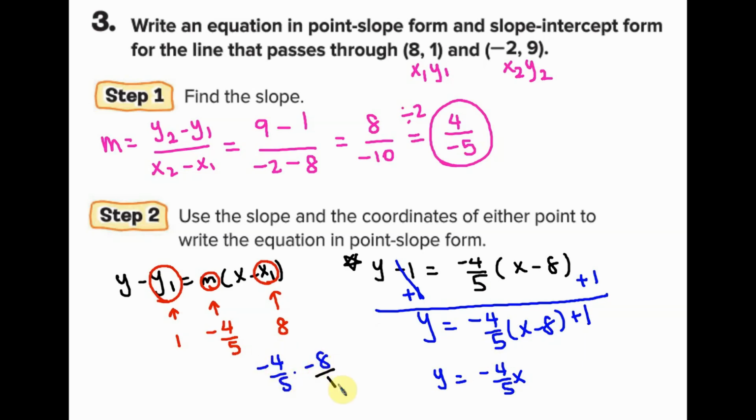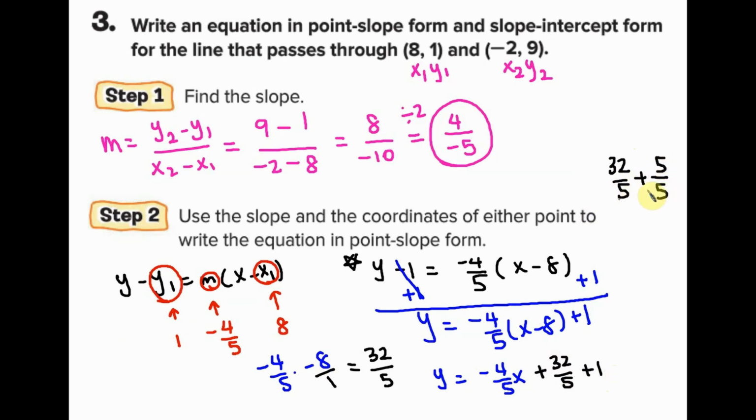If you multiply across, negative times negative will be positive. 4 times 8 is 32 over 5. And this is simplified. I'm going to write plus 32 over 5 and adding 1. When you're adding 1 with a fraction, again, I'm going to write on here 32 over 5 plus 1, where 1 can be written as 5 over 5.